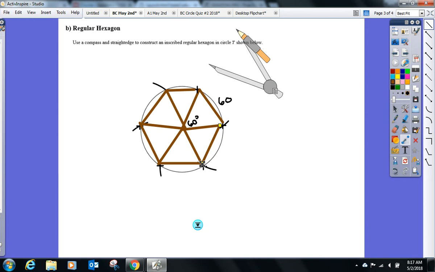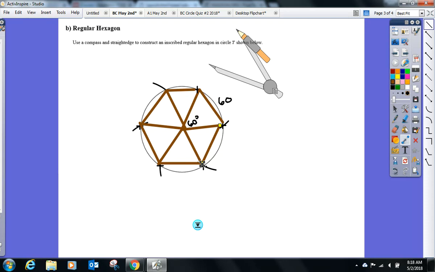So I've guaranteed that all the arcs are the same. Now you can draw in your chords. Draw in your chords and you will have a regular hexagon inscribed. And I know those chords are all congruent because I just proved to you all the arcs are 60 degrees.